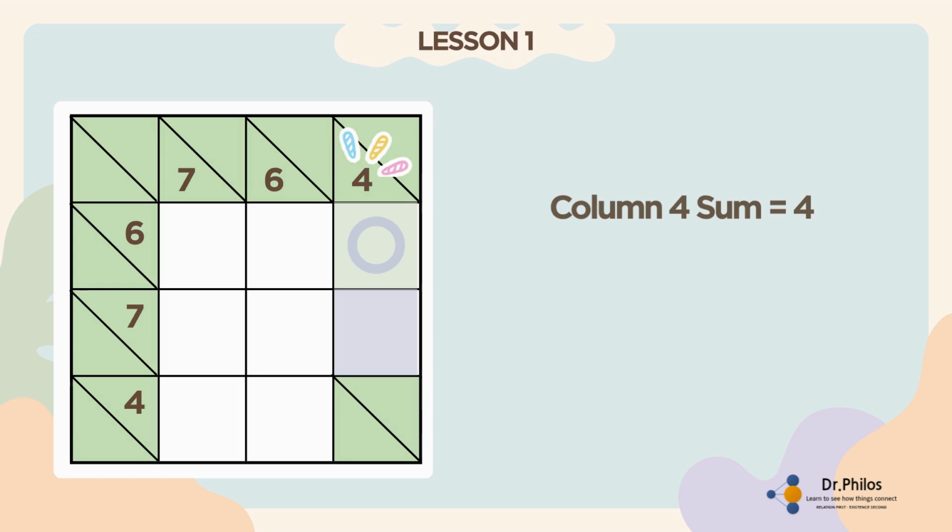No, it's not. The sum of row 2 also influences 2, 4. In that case, what should you have looked at before filling in 2, 4? I should have looked at what the sum of column 4 is, and also what the sum of row 2 is. That's right.